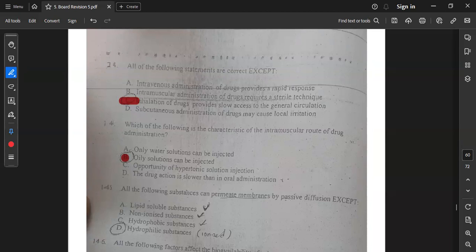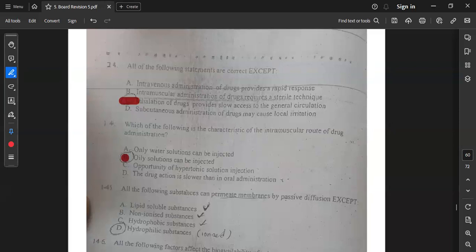Okay, maybe we could talk about the angles. IV is about 25 degrees at an angle, and IM is 90 degrees. Subcutaneous is 45 degrees.